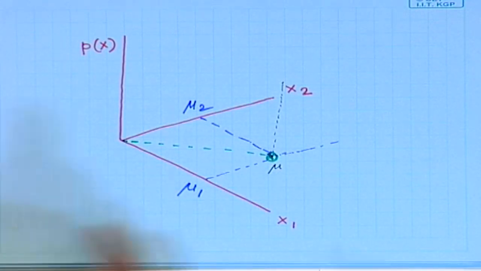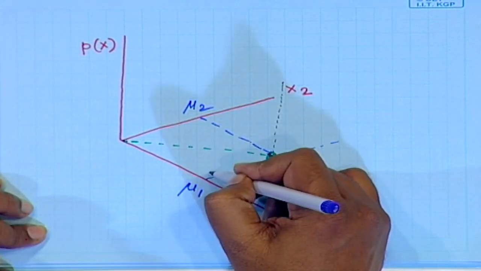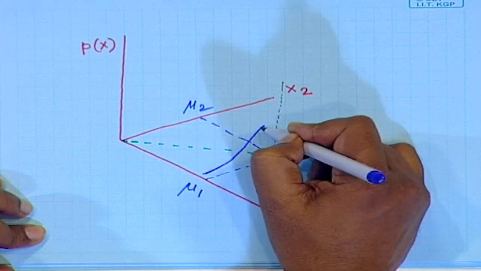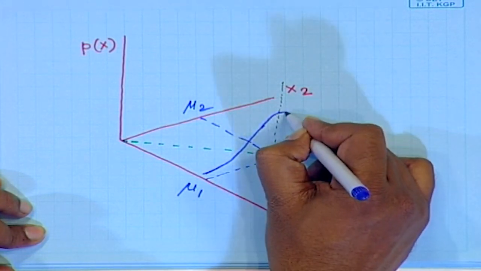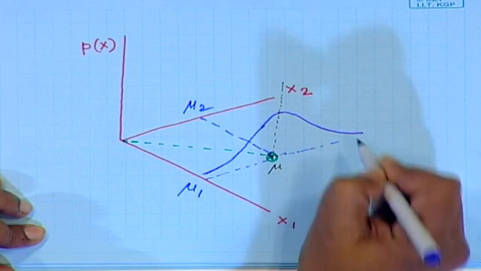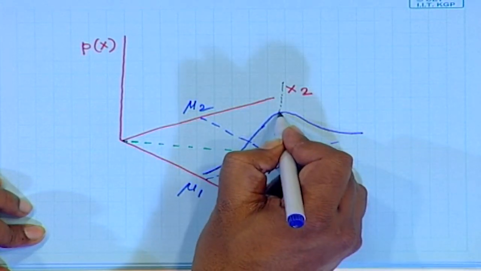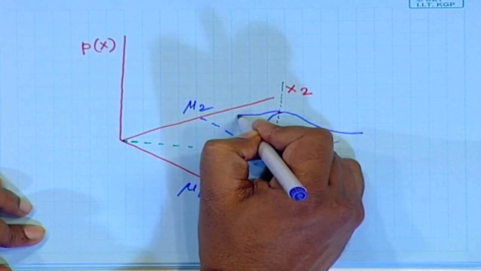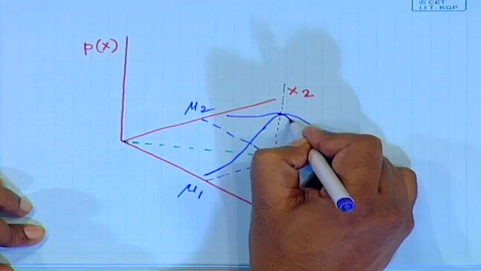Okay, mean position mu, and the densities will be Gaussian along this. Okay, I'll also have Gaussian along this.